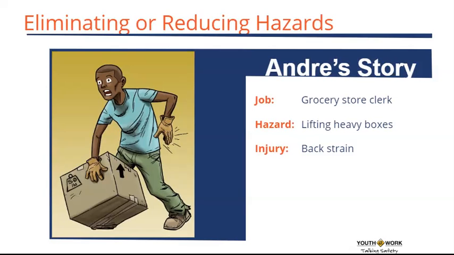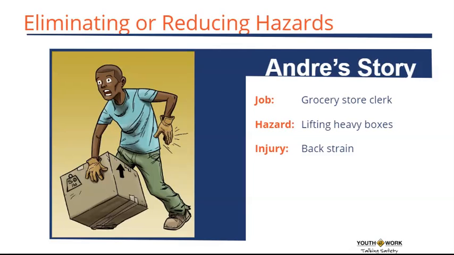So, what could we do to keep this injury from happening again? How could we protect Andre? And I'm trying to think of the three different categories. So, of course, the first thing we always want to consider is, can we remove the hazard altogether? Yassine, can you think of any ways where we could make sure that he's protected by removing the hazard? Yeah, definitely. So something that we could do is make sure that there is a weight limit on boxes.